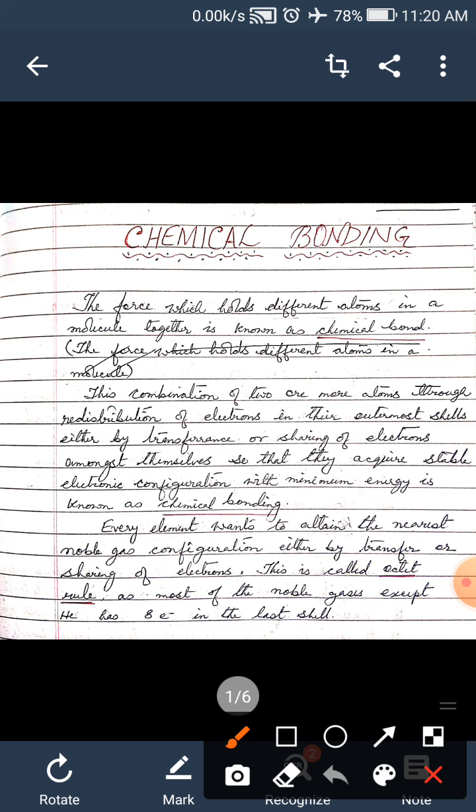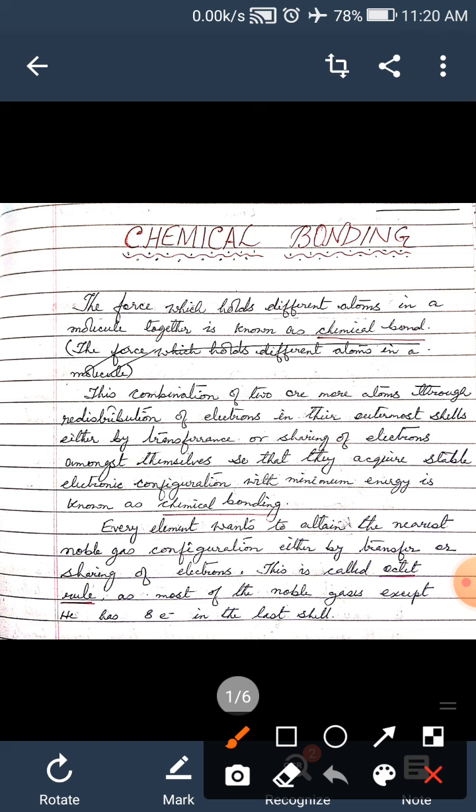Now, why are the elements not found in native state in nature? It is because they are not very stable. We know that the noble gases are quite stable and they don't usually form compounds. So why don't the noble gases form compounds whereas other elements do?